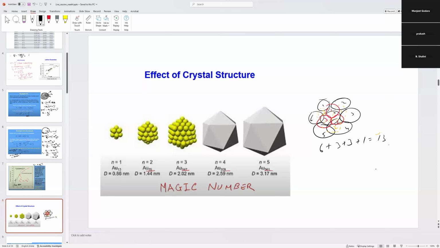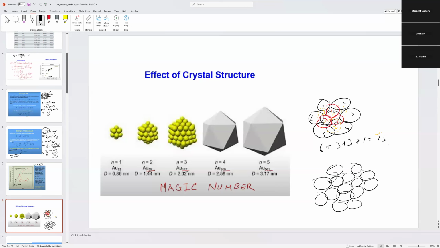Okay. Similarly, if you do the second layer, then you have a central atom and this one populates another layer according to the FCC crystal orientation, and you fit the atoms above it, below it, and do the calculation. You get 55 atoms in the next layer, then 147, 309, and 561.